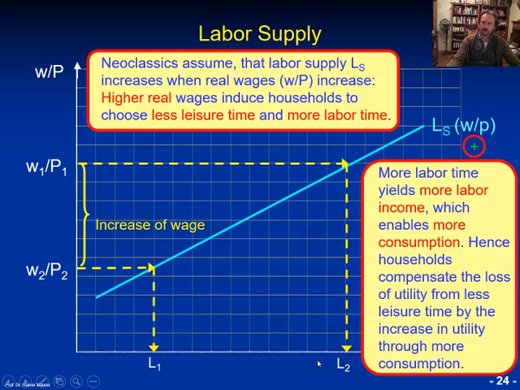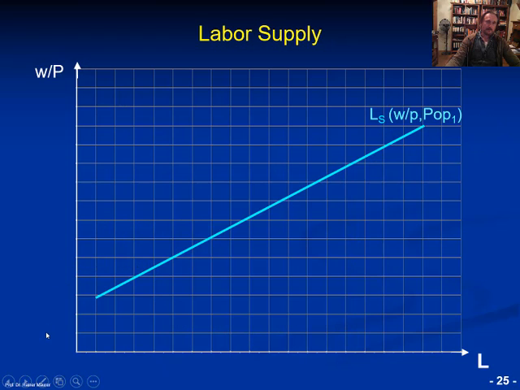So labor supply grows if the wage rate grows. Of course, there are also other factors which determine the supply curve of labor. One very important factor of influence is the size of the population of the economy.